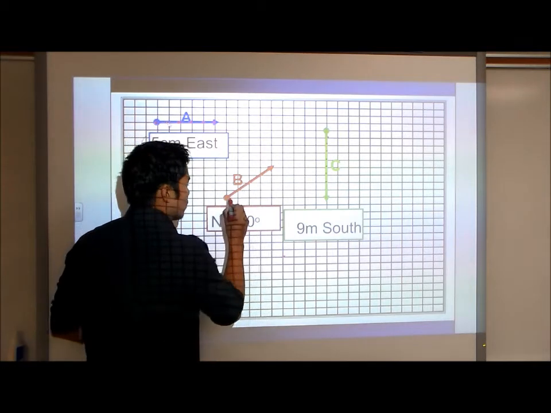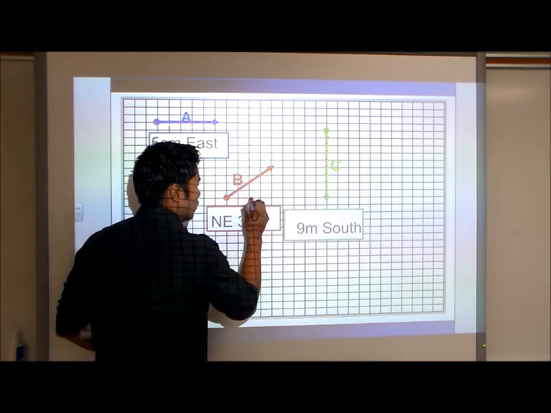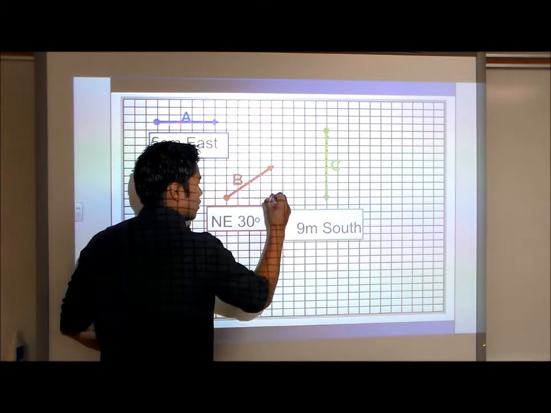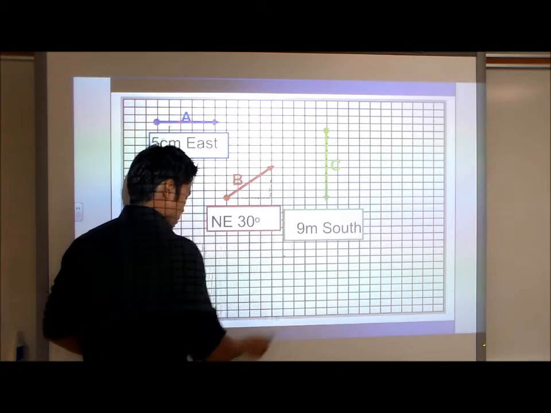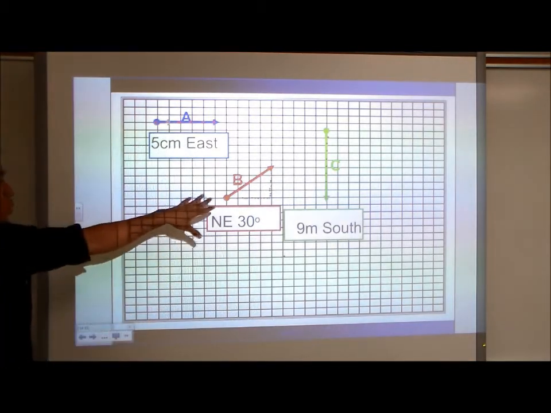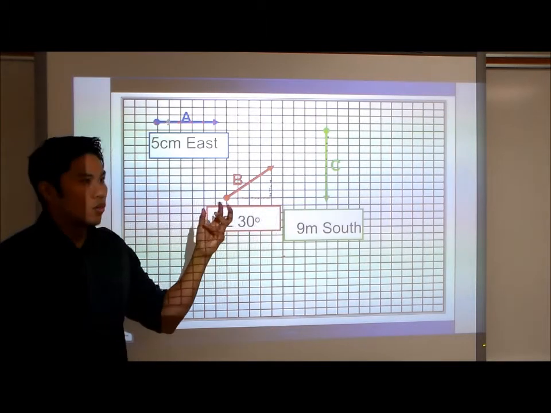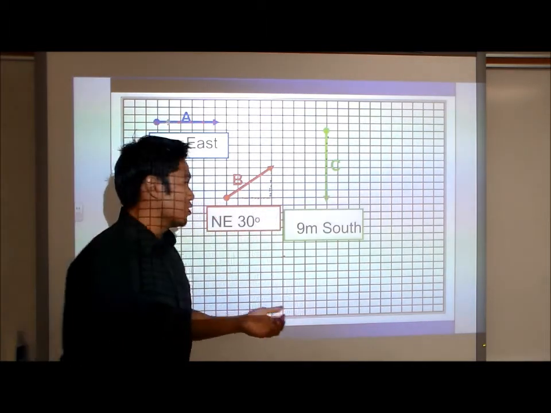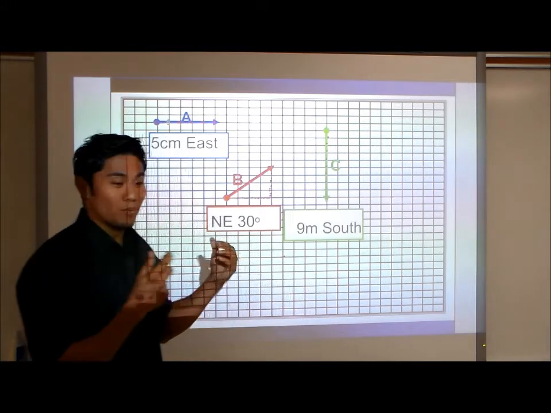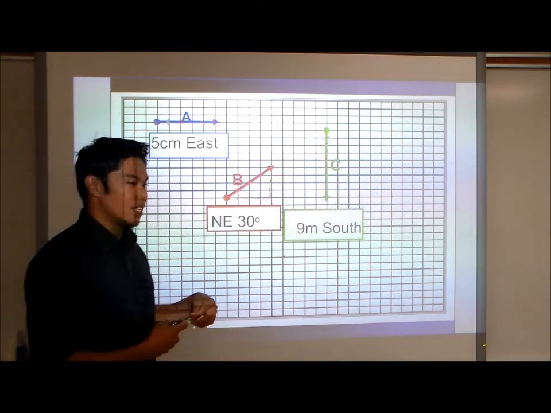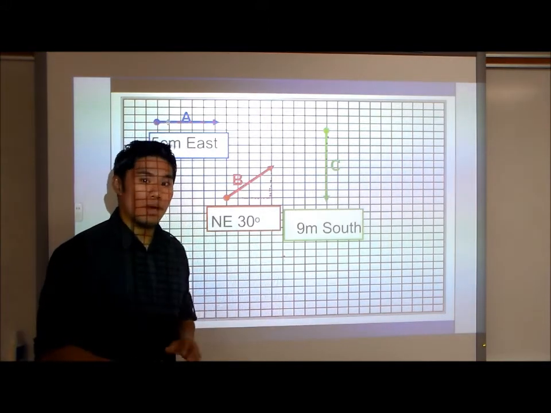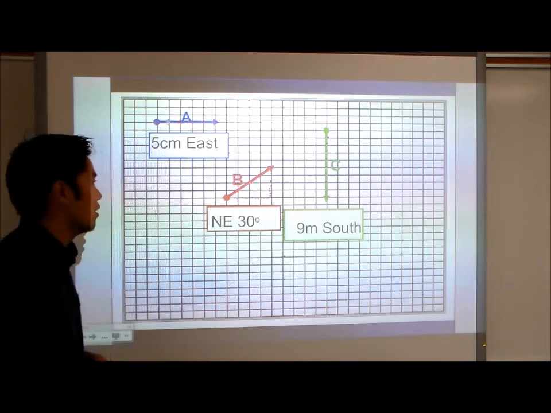But what you also notice is that with diagonal vectors, we see a right angle being formed. So we will bust out the trigonometry and use the Pythagorean theorem and the SOHCAHTOA methods, which is what we're going to get into today.